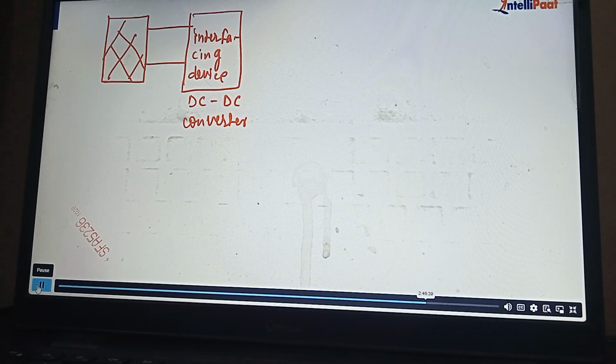So the main circuit will look like this way. We have this solar panel, and then we go with the interfacing device. That is nothing but a DC-DC converter.